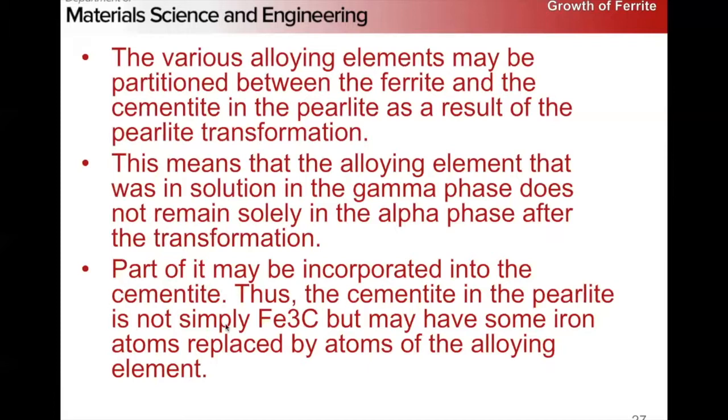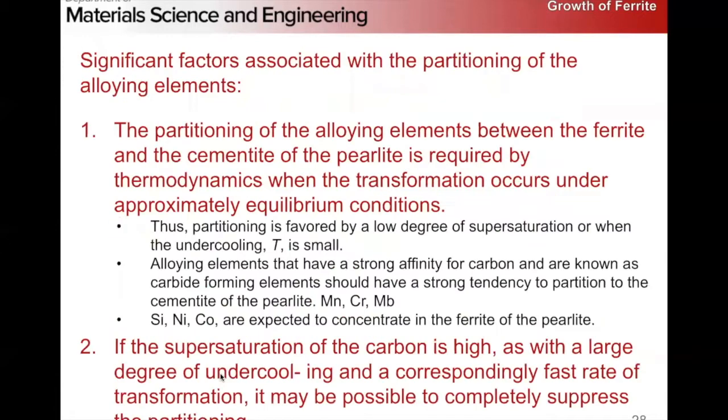Part of it can be incorporated into the cementite, right? So then our cementite in the pearlite is not just Fe3C, but it can have iron atoms that are replaced by atoms of the varying alloying elements.